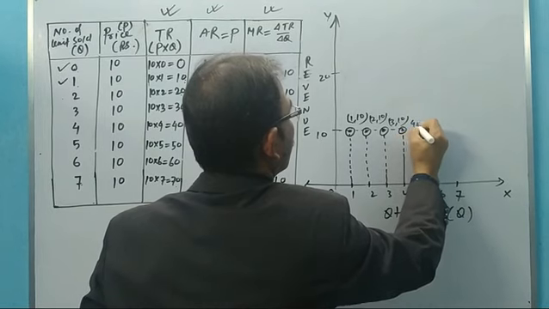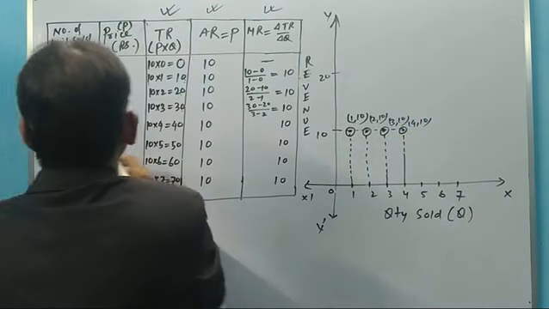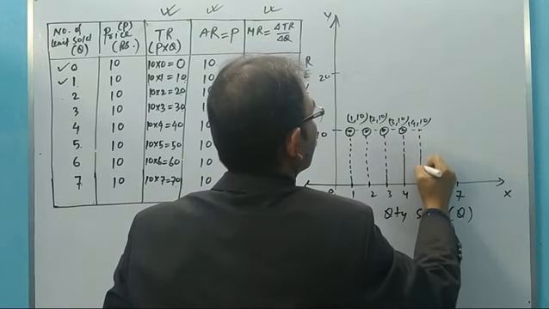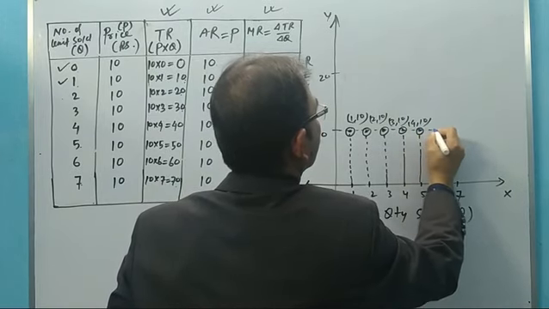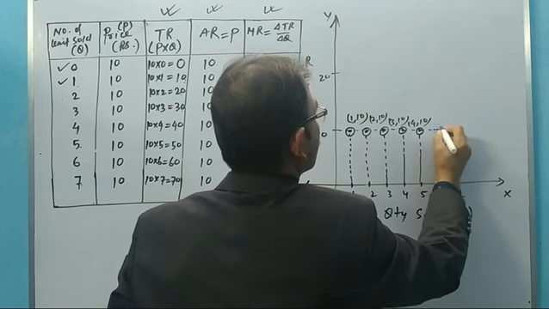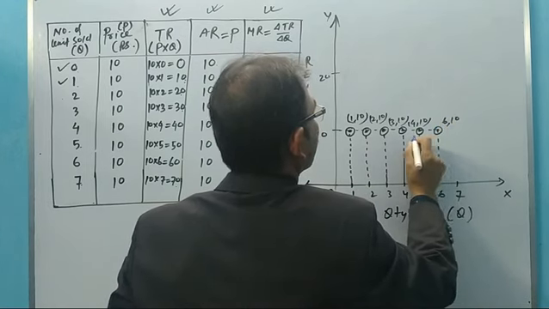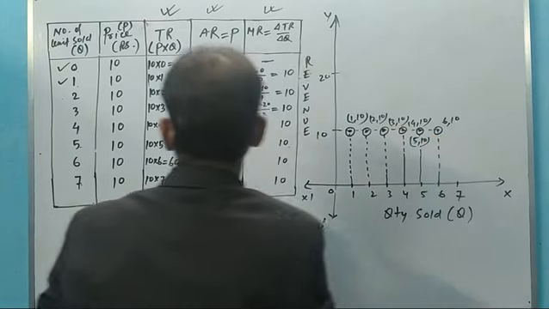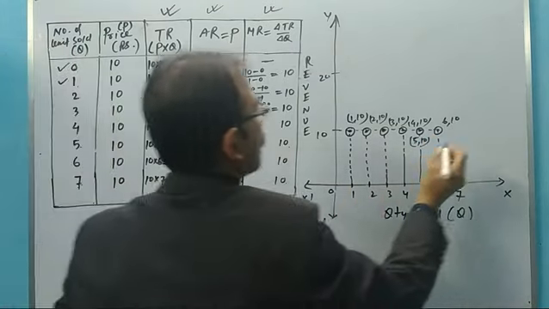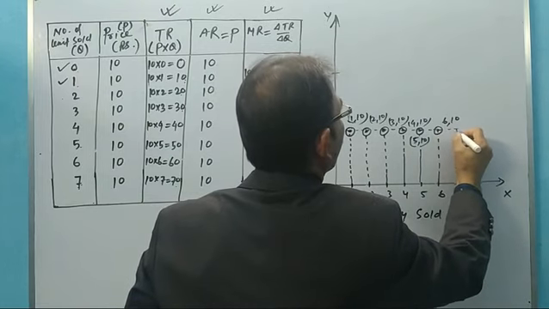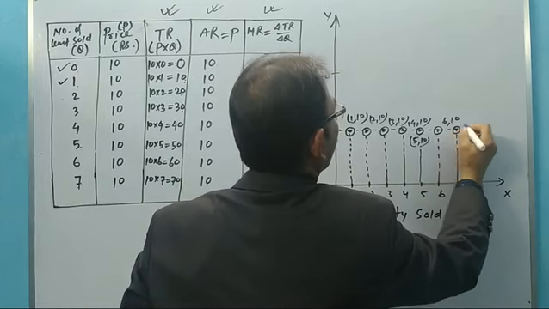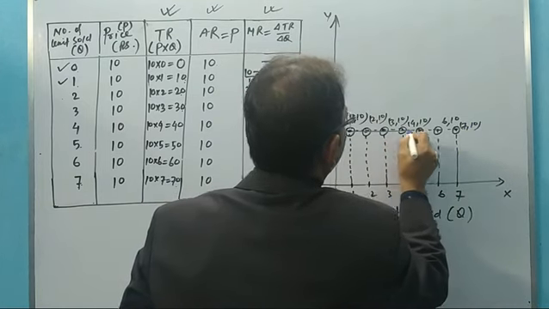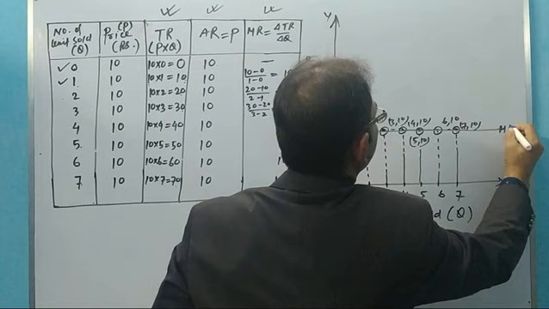This is 4, 10. Next is 5, 10. 6, 10. And also 7, 10. Now if I join the coordinate points, then we can get the marginal revenue curve.